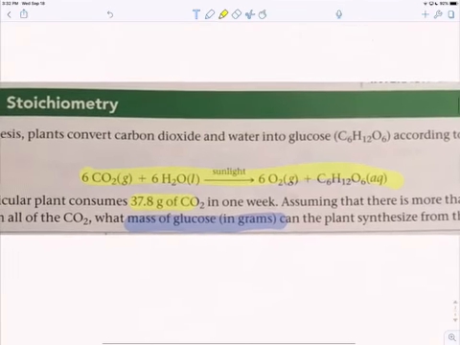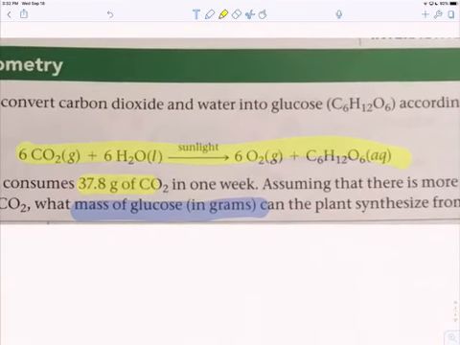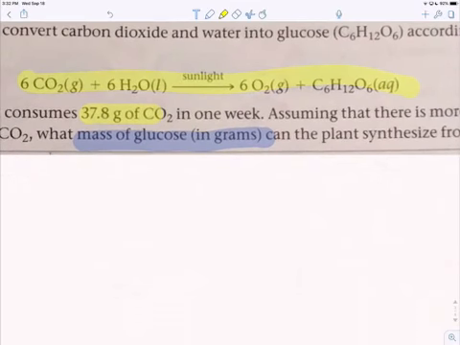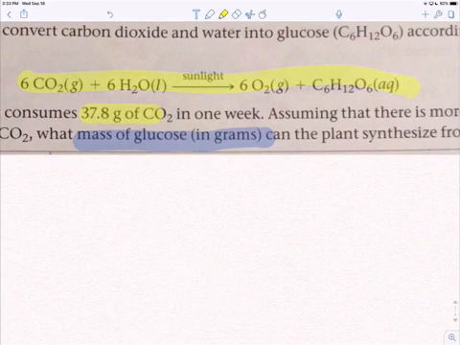And what do we not care about? The 1 week. Time doesn't really matter here. So we have to get from the given information, 37.8 grams of CO2, to mass of glucose on the other side. And we do it with dimensional analysis.